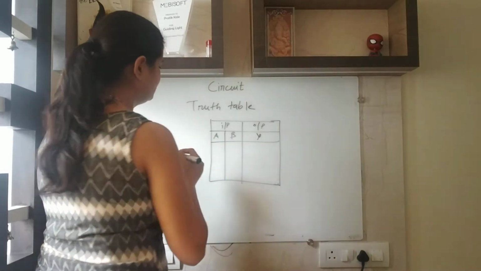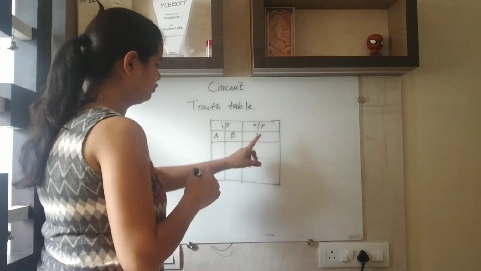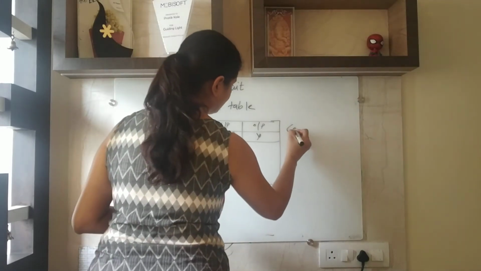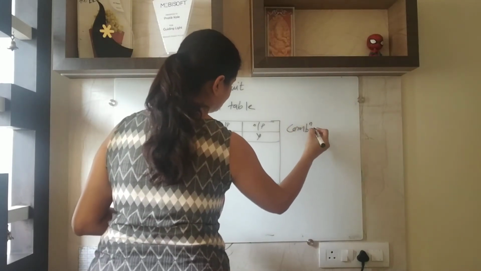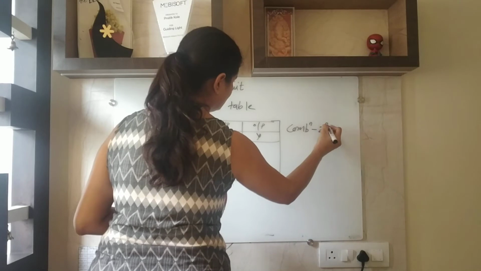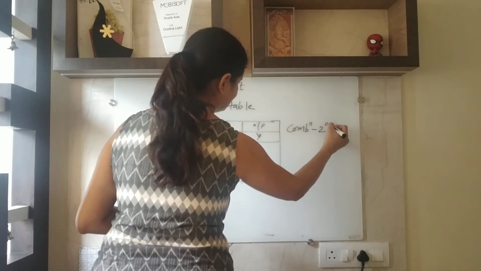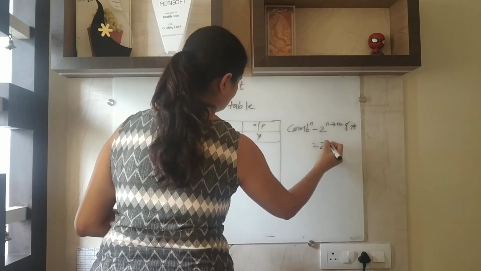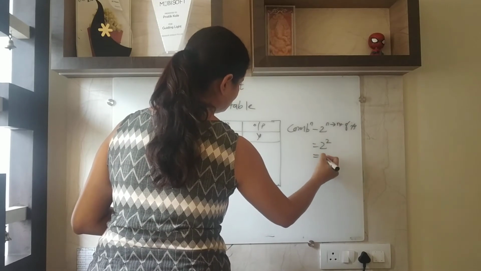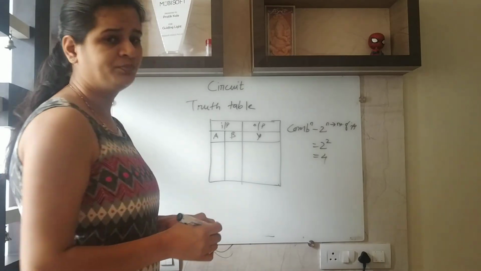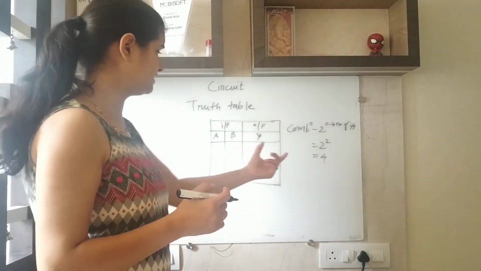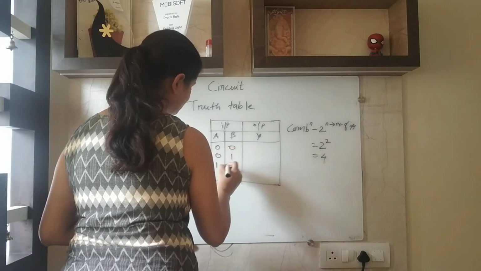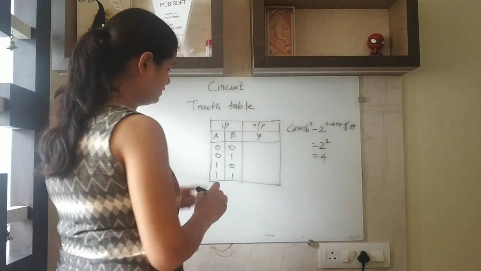So here there are 2 inputs and y is the output. How many combinations will be there for the input? For calculating the combinations we have a formula, 2 to the power n, where n is the number of inputs. Here the number of inputs is 2, so 2 to the power 2, that means 4 combinations. Write the combinations in the form of zeros and ones: 0 0, 0 1, 1 0 and 1 1. These are the 4 combinations.